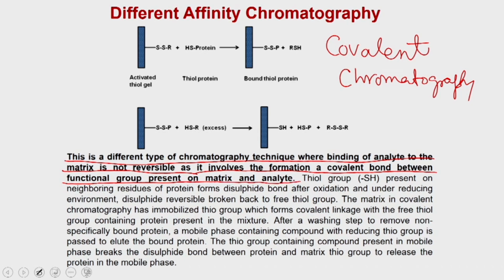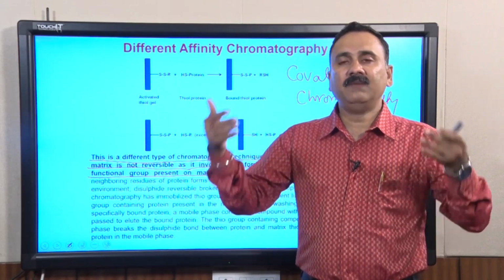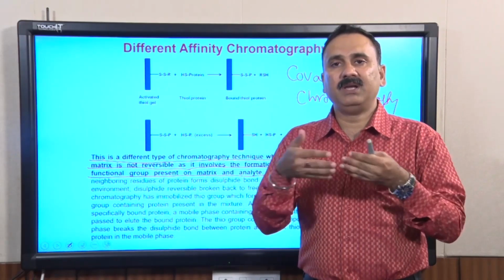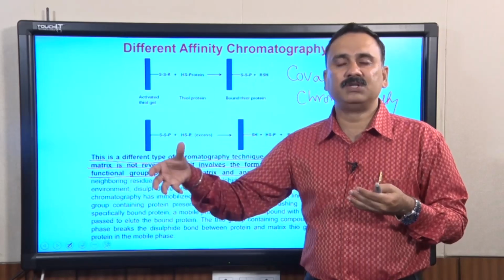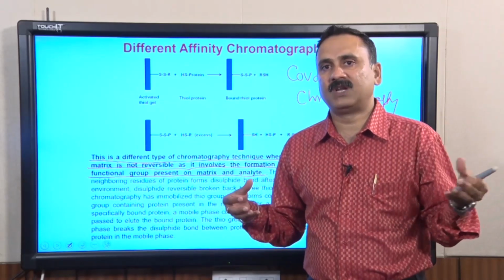This is a very different type of affinity chromatography. That is why it is called covalent affinity chromatography, where you have an irreversible bond being formed between the functional group on the protein and the functional group on the matrix.